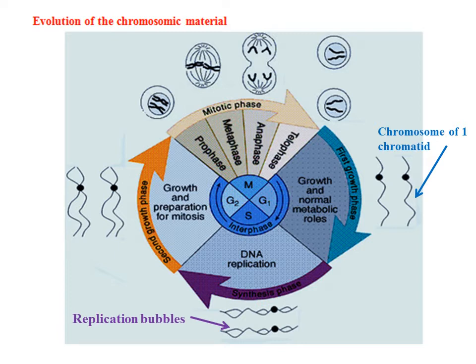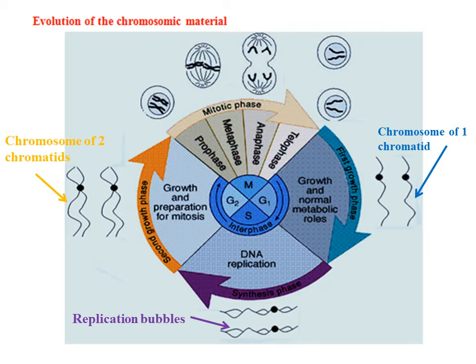Then the end of interphase is called the second growth phase, in which the chromosome consists of two sister chromatids, or each chromatid is like a filament.